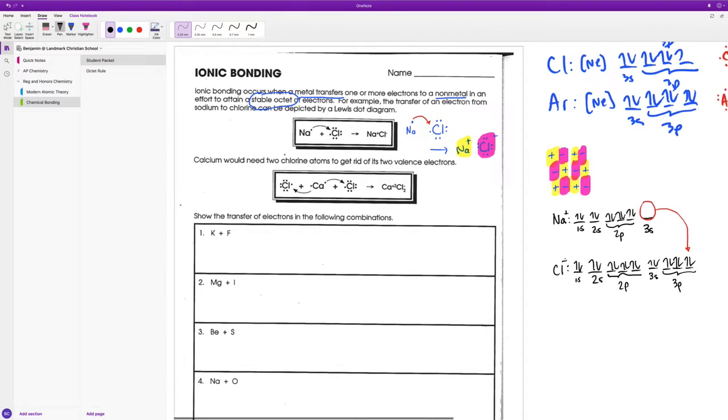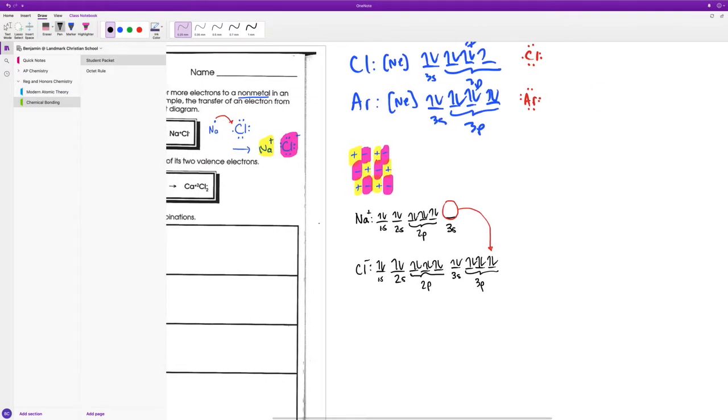Well, if you think about it, what we have left right here, and I'm going to highlight it in yellow, the sodium ion, that is exactly what we have in a different atom when it's neutral. That is the same as the electron configuration for neon.